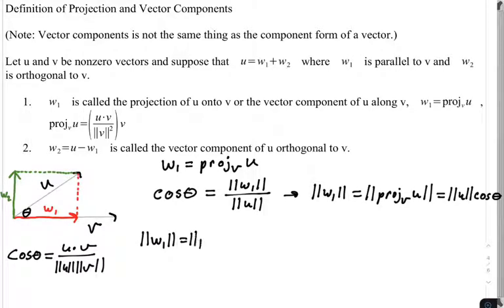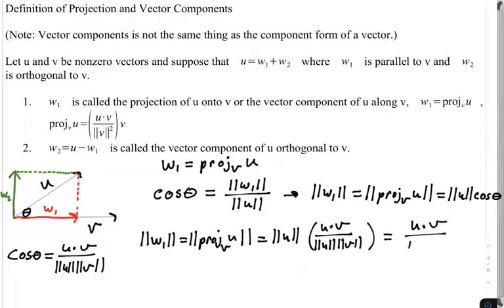So the magnitude of w1, which is equal to the magnitude of the projection of u onto v, is equal to the magnitude of u, and then we're going to replace the cosine with u dot v over the magnitude of u, magnitude of v. So that's going to give us u dot v over the magnitude of v.